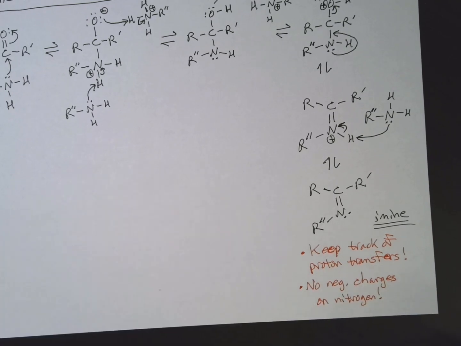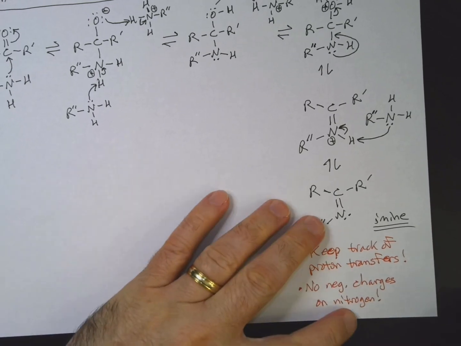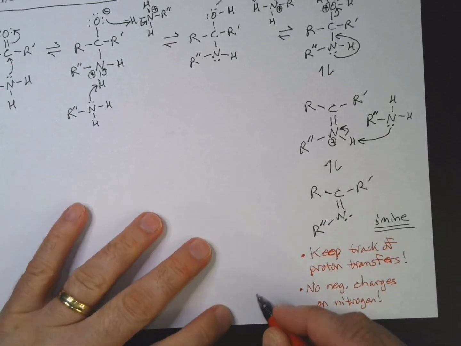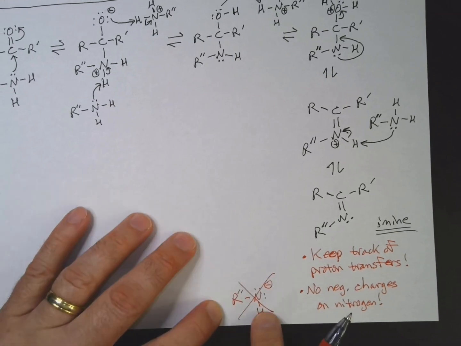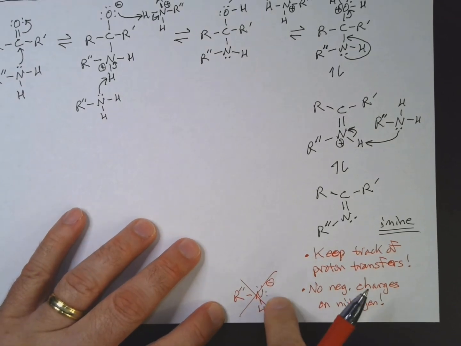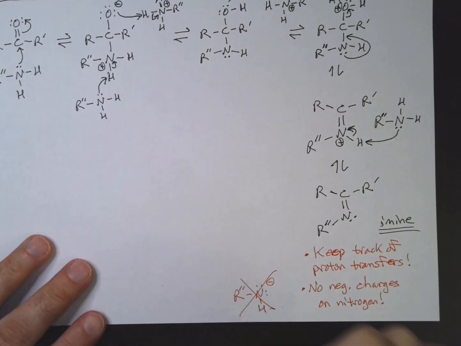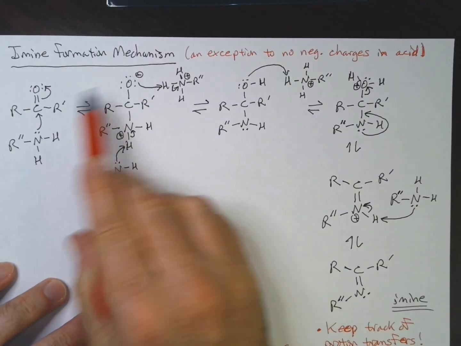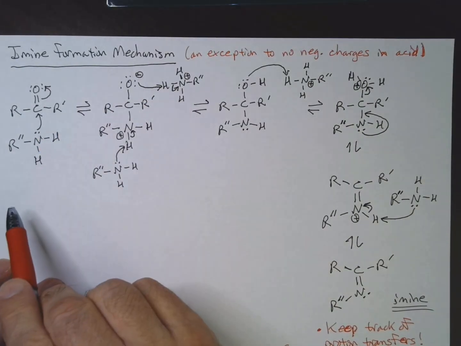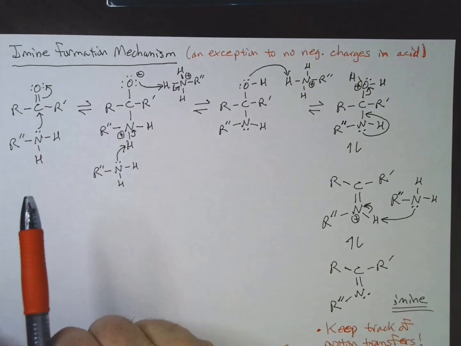Okay, so I don't want to see anything like that. No, nothing like that. Okay, no negative charges on nitrogen. This is the only negative charge you get to have, the one on that oxygen there in the first step. Okay, after that it's all positive charges.